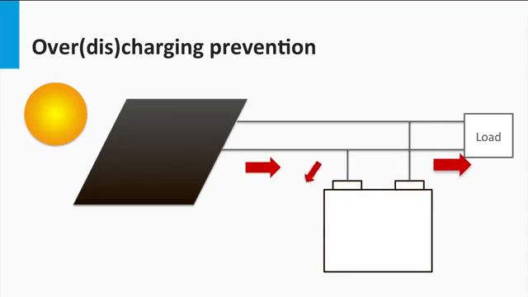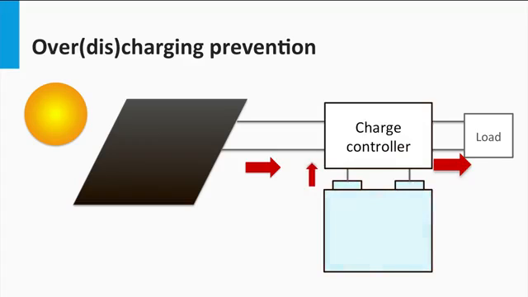Similarly, in severe winters, when low irradiance causes the load demand to be more than the supply power, the battery is heavily drawn. The battery under such conditions tends to be over-discharged, which weighs strongly on the battery life as discussed in the previous block. The charge controller under such a case prevents over-discharge by disconnecting the battery from the load.